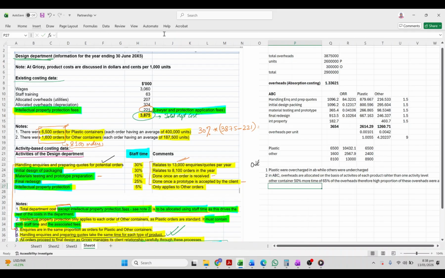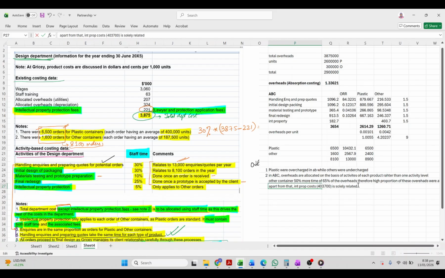And then there is one cost which was solely related to others. Apart from that, intellectual property cost is solely related. Intellectual property cost, which is how much? 403.5 or 403 700, right?